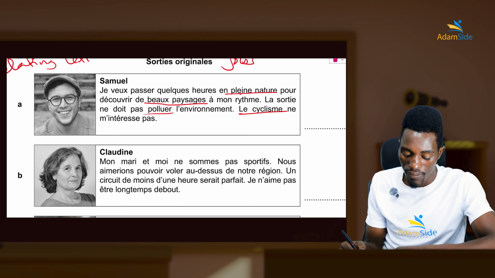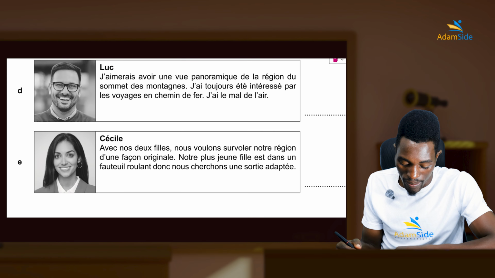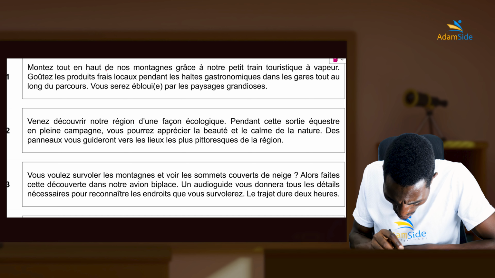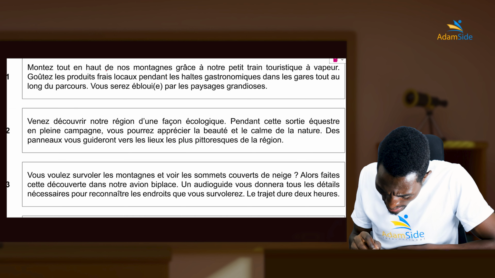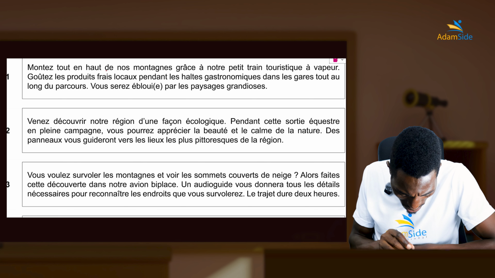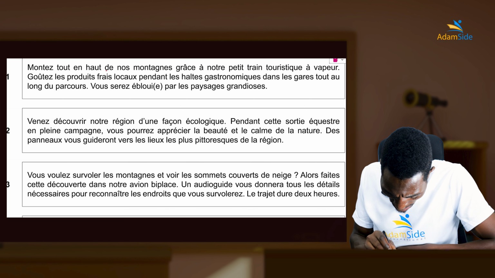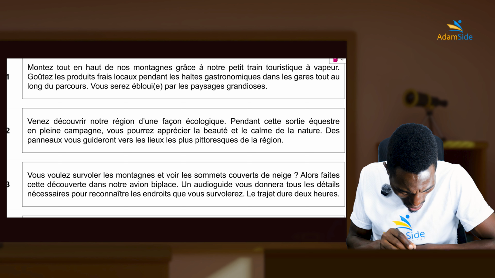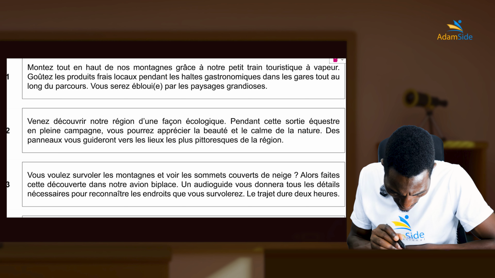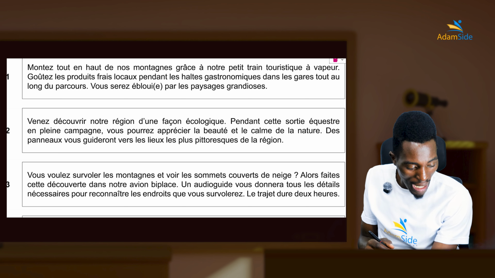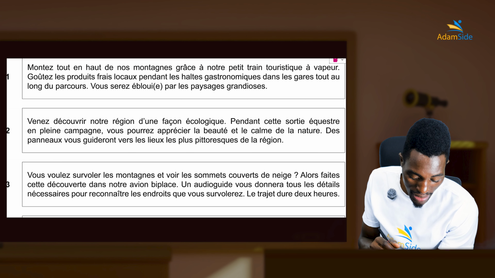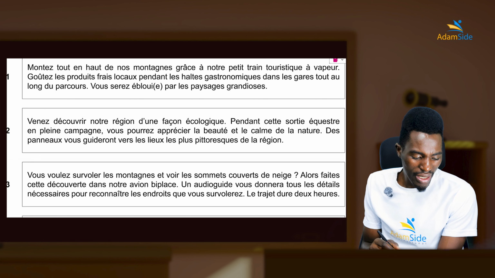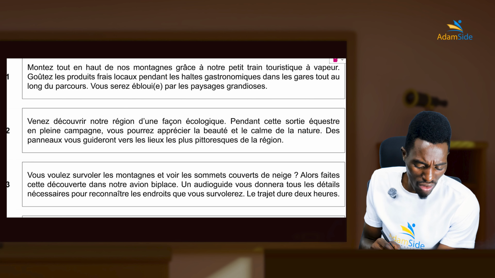Then let's go to text B. So as monter tout un an de nos montagnes à notre petite touristique à vapeur, goûter les produits frais locaux pendant les haltes gastronomiques dans les gares, tout au long parcours, vous serez oublié. So we said Samuel, pas de vélo, he does not like cycling, pas pollution, no pollution.